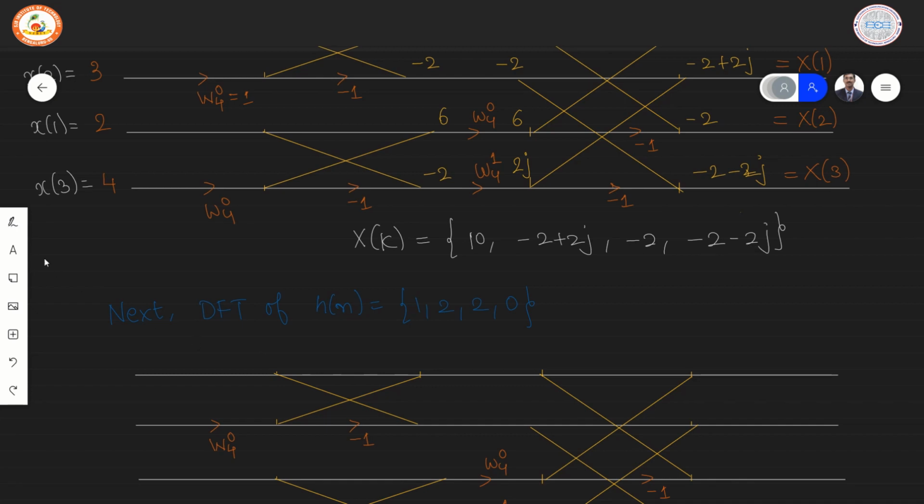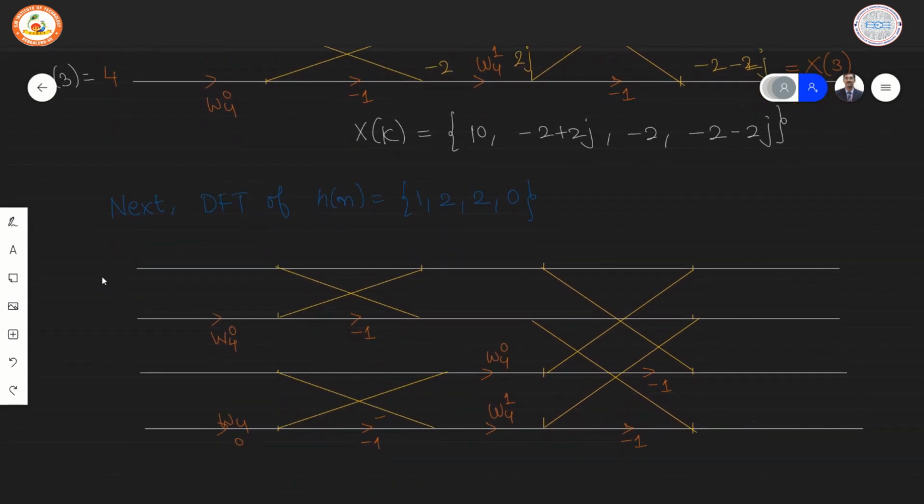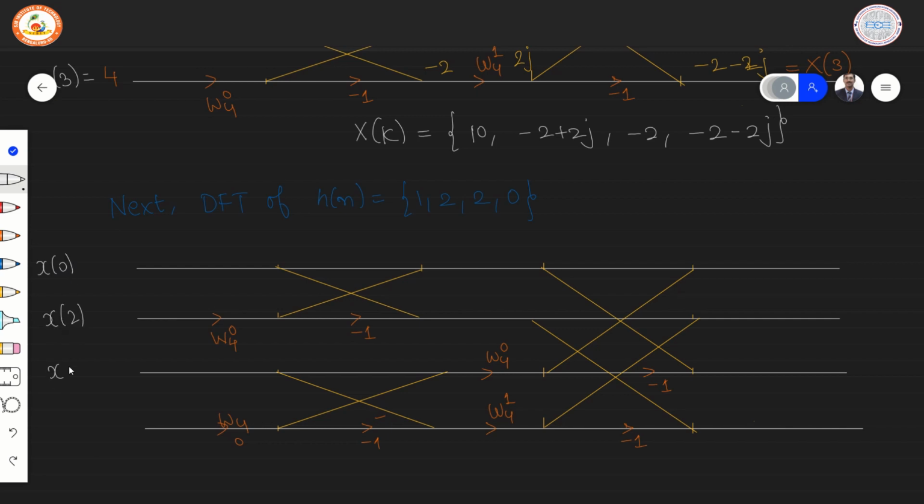In the second step, we have to compute the DFT of h of n is equal to 1, 2, 2, 0. This is also done using the decimation in time FFT method. So as we had done in the previous case, here again we have to express the inputs x of 0, x of 2, x of 1 and x of 3, which is equal to 1, 2, 2 and 0.